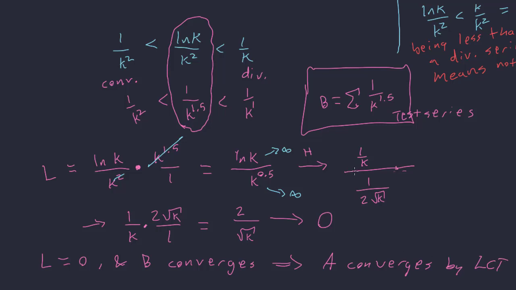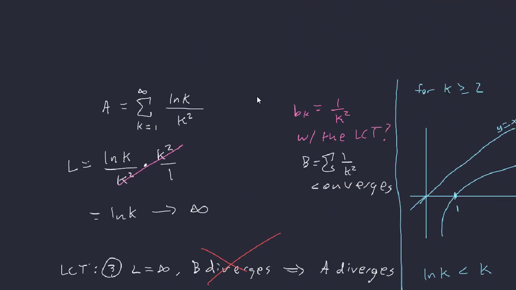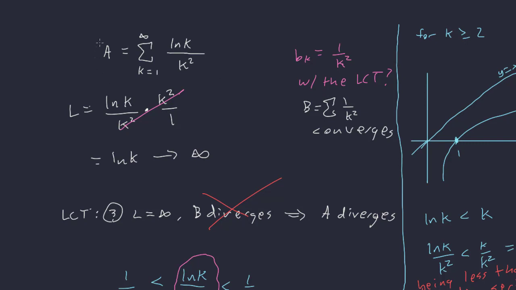Our B converges, so our A must also converge, thankfully, because we got our limit to finally get to 0. Okay, so I wanted to show this one because finding that test series can actually be a little tricky sometimes, especially if you have some weird stuff going on with LNs and whatnot.